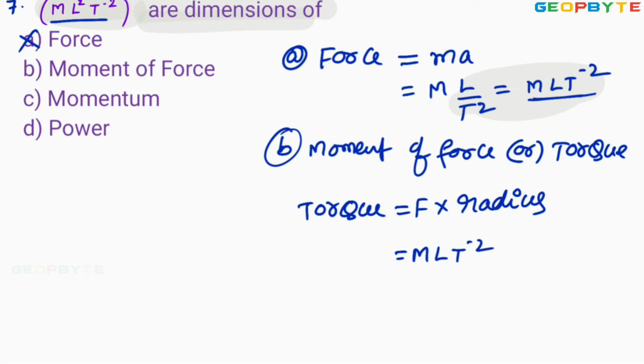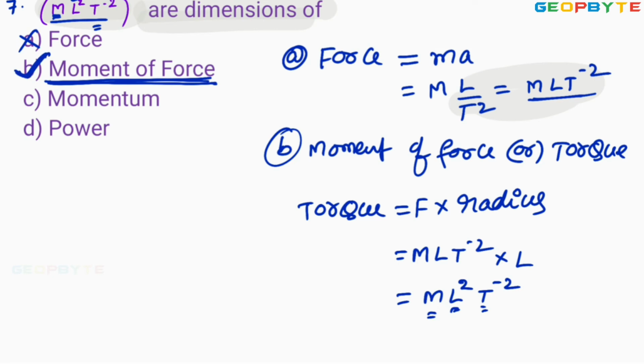Radius is a distance, dimension L. So it is M L^2 T^-2. Therefore, the given dimensional formula is absolutely for moment of force. Remember, moment of force means indirectly a torque. I hope you got my point.